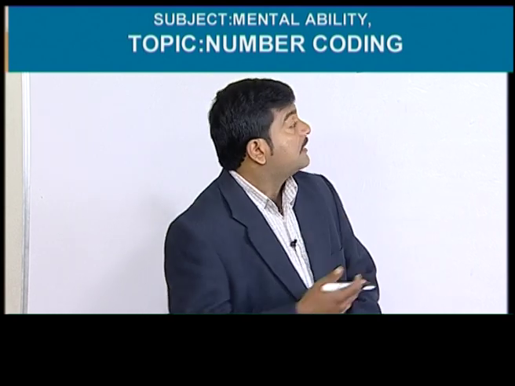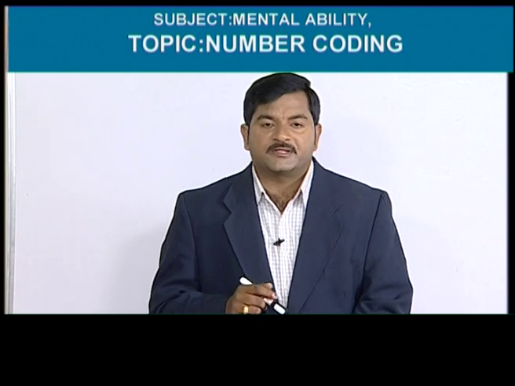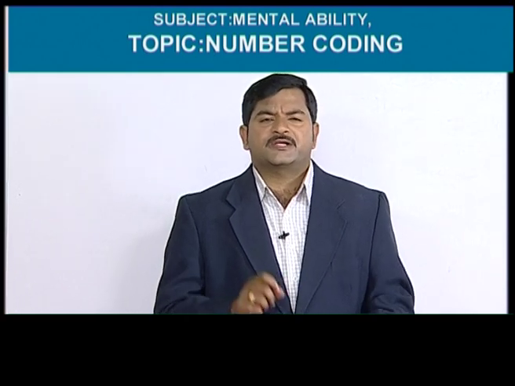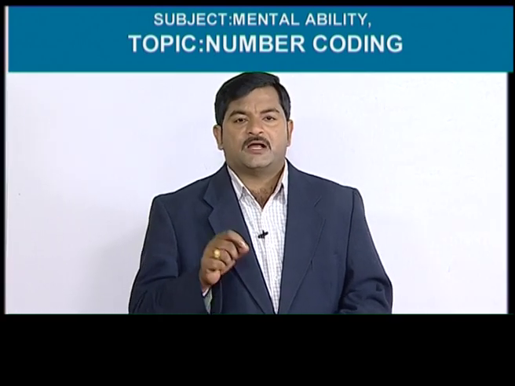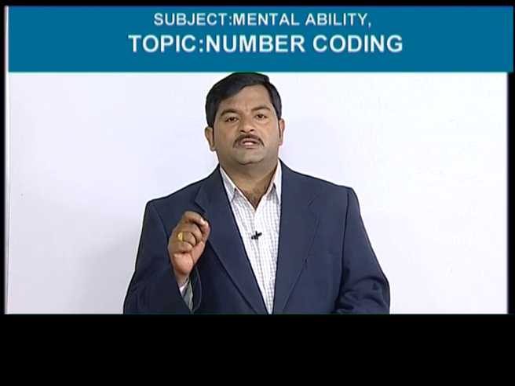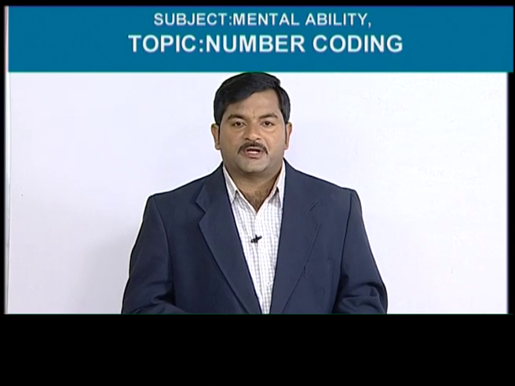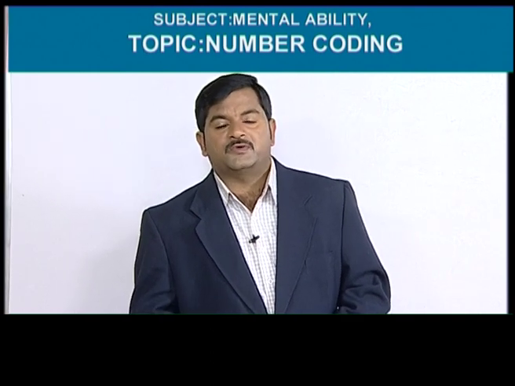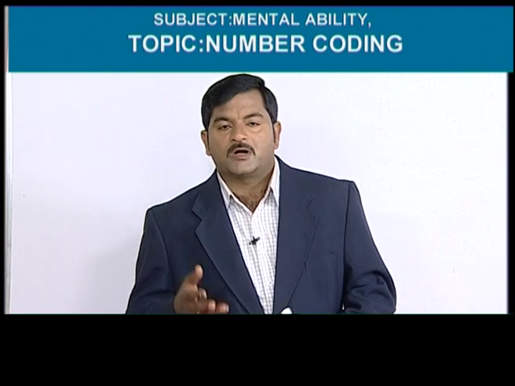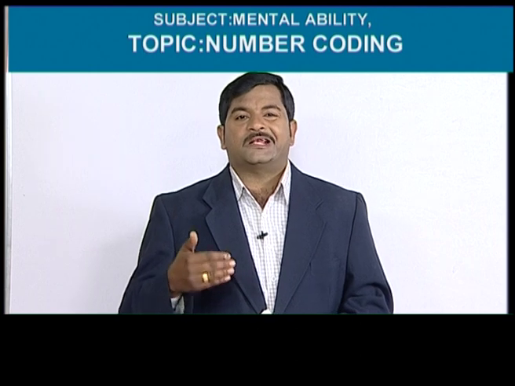Before starting the different types of number coding, I need to make one point regarding alphabets. In session 1, if you remember, we already saw different types of alphabets. According to English, we have 26 letters, but from our reasoning and analytical ability point of view, the alphabets are many. Suppose I need to find the 30th letter.